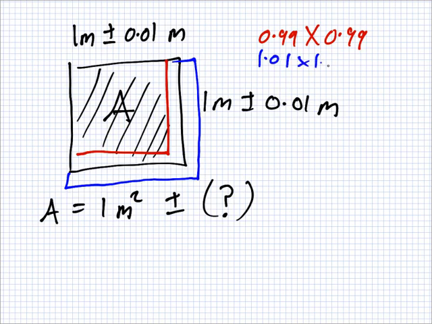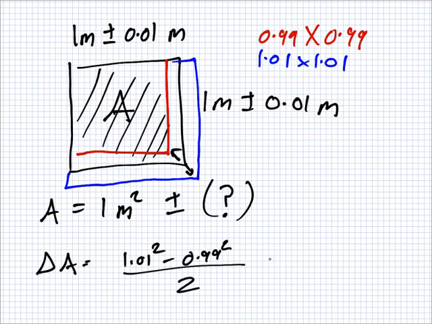1.01 multiply 1.01. So the uncertainty is the difference between the biggest and the smallest possibility we think it reasonably could be. So the uncertainty of the area would be 1.01 squared minus 0.99 squared over 2, which equals 0.02 meters squared.